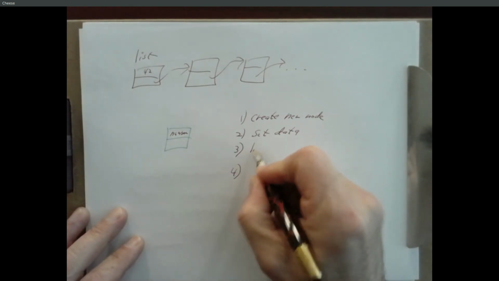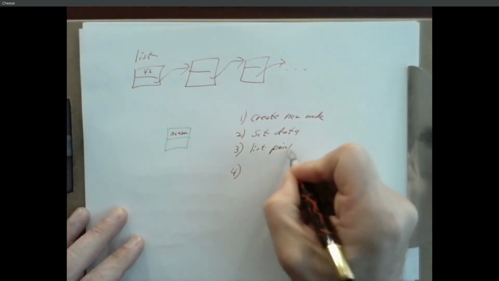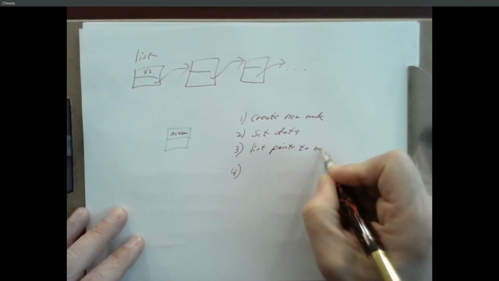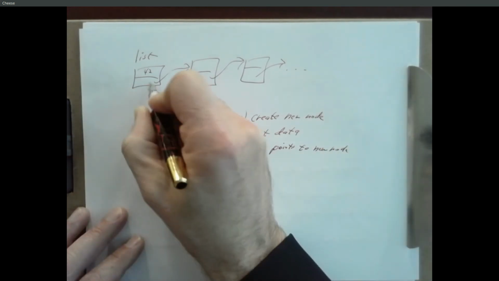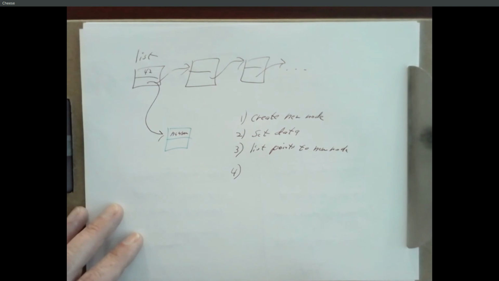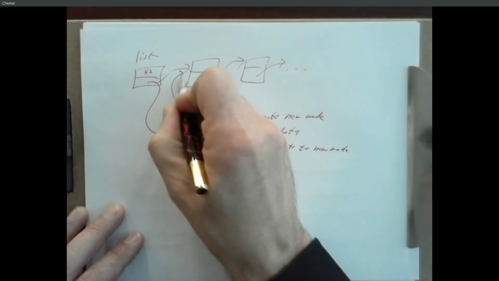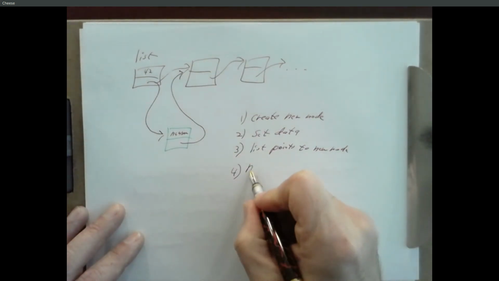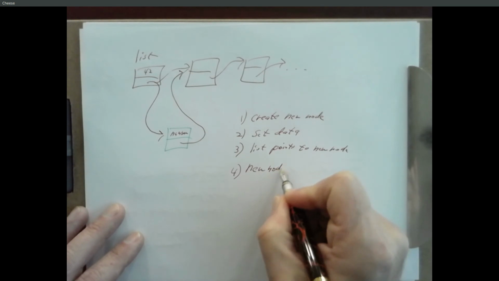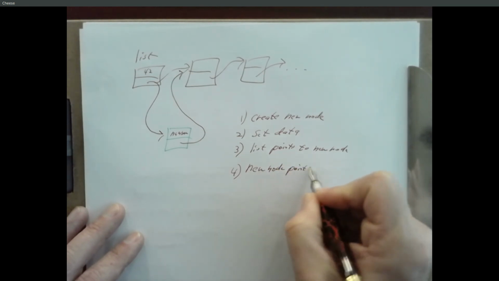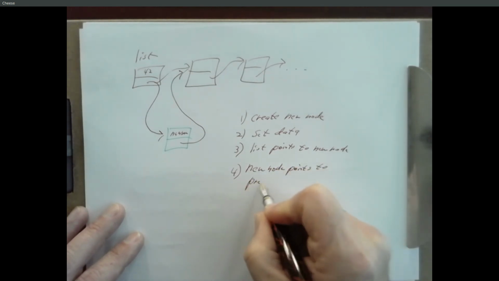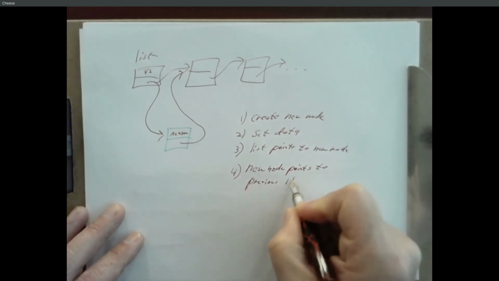Okay, so list points to the new node. That does this. And what's the other thing we've got to do? Change the next to the data again. Yeah, so we need this to point to whatever was the first node. So the new node points to the previous first node.